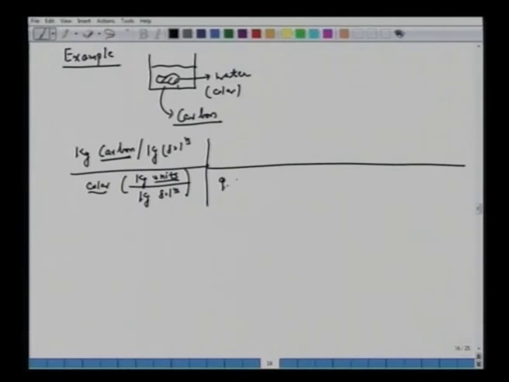To begin with, this solution has 9.6 units of color. This is the first data point: starting with water, which contains 9.6 amount of color. Now in this you add 0.001 kg of carbon. So your basis is, let's say we have the feed and we start with 1000 kg of solution.